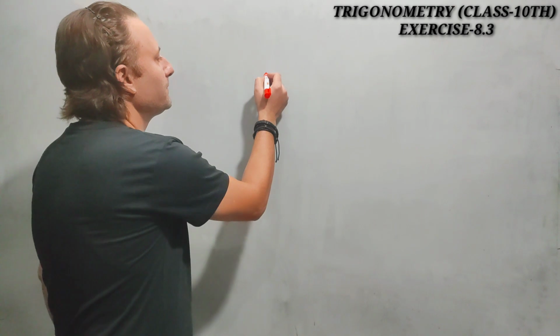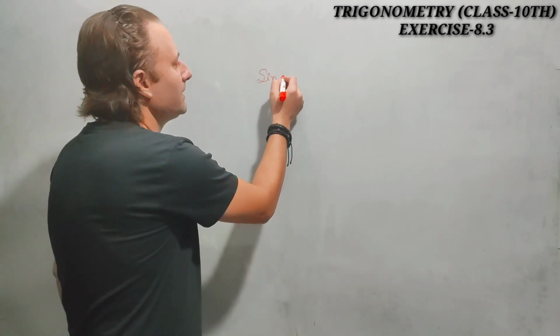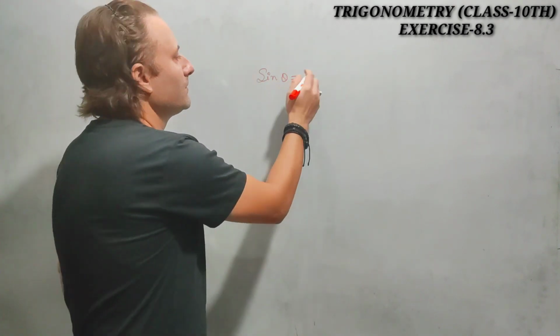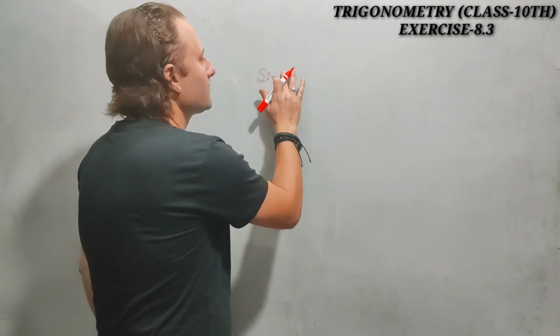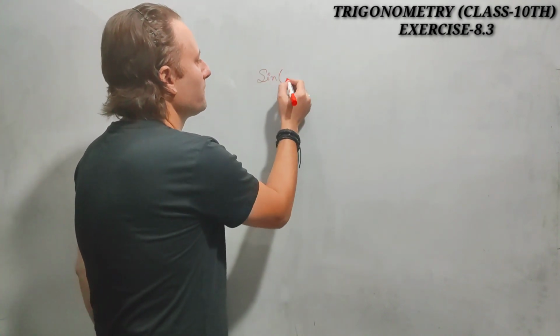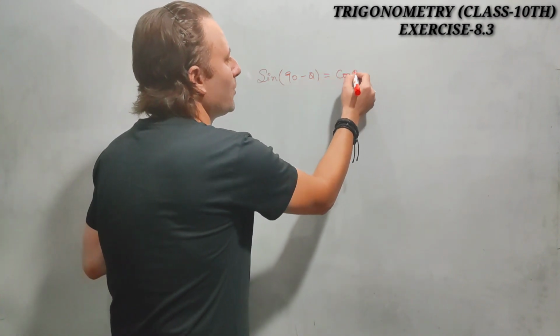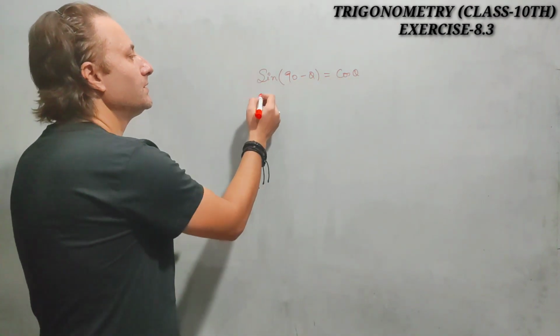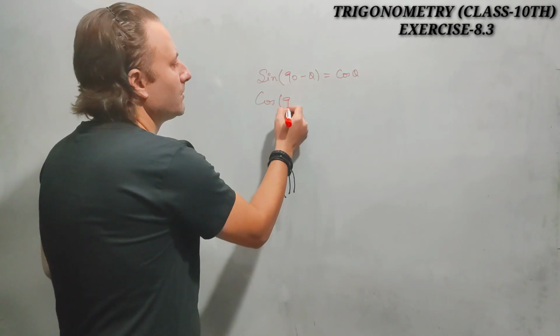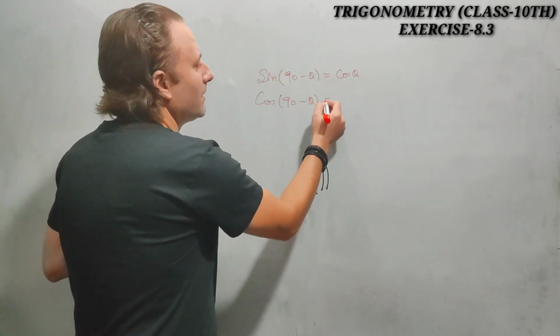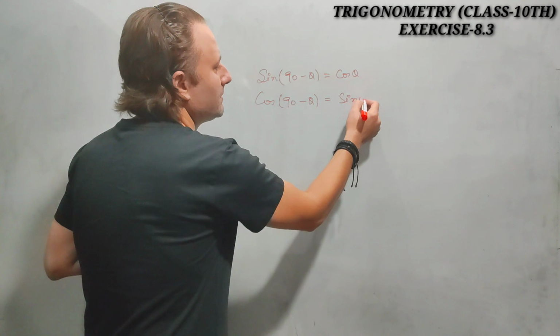The first formula: sine 90 minus theta is equal to cos theta. Then cos 90 minus theta is equal to sine theta.